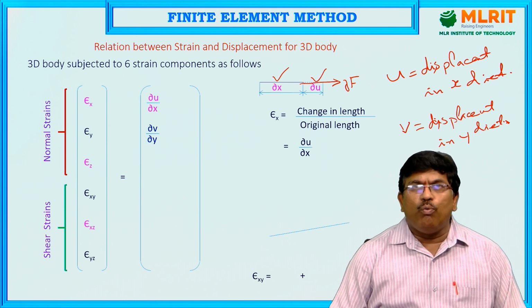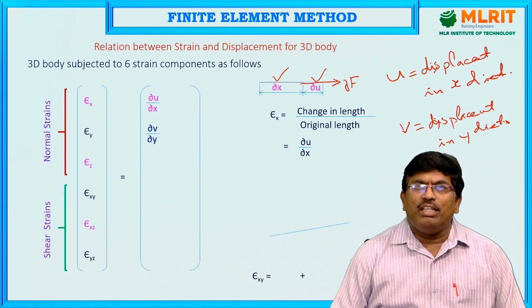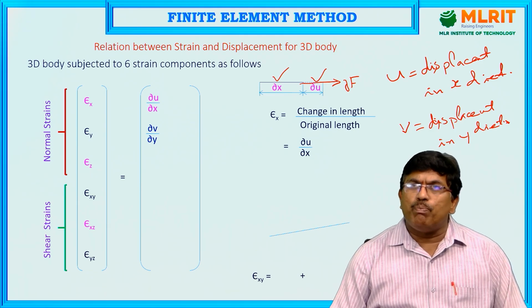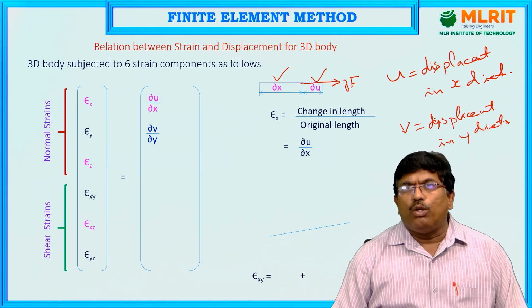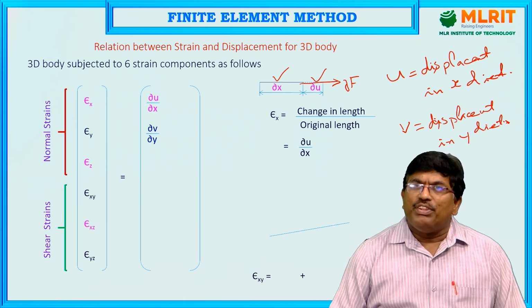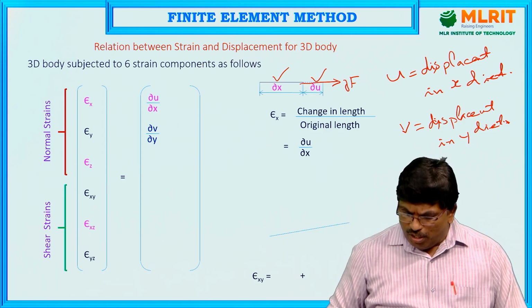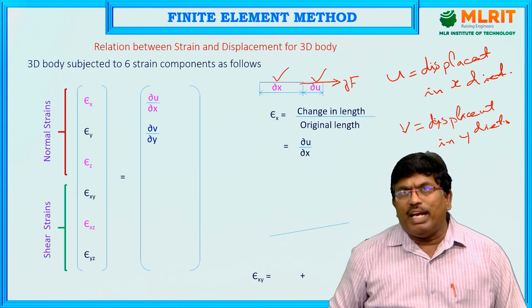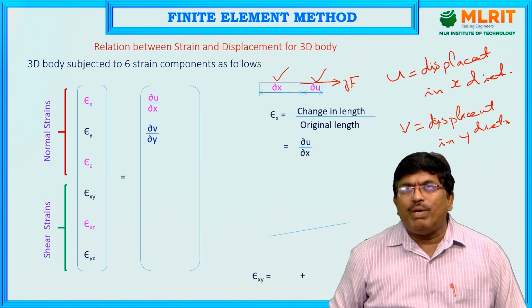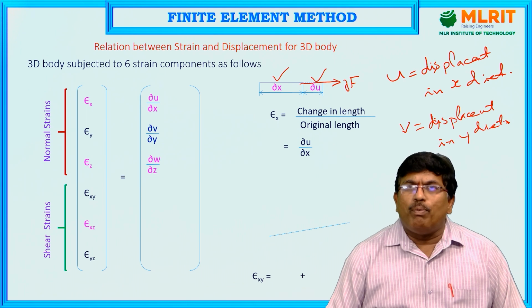Here dou y is the original length in y direction, v is the displacement in the y direction, and dou v is the differential displacement in the y direction. Then the strain in y direction, epsilon y, equals dou v by dou y. Similarly, for epsilon z, where w is the displacement in z direction, epsilon z equals dou w by dou z.